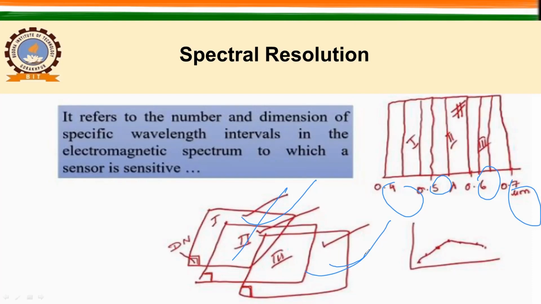Another set of detectors capable of resolving the 0.5 to 0.6 micrometer wavelength range can generate the second one, and the third one likewise. In this particular case there are three bands. So now I will always call them bands.